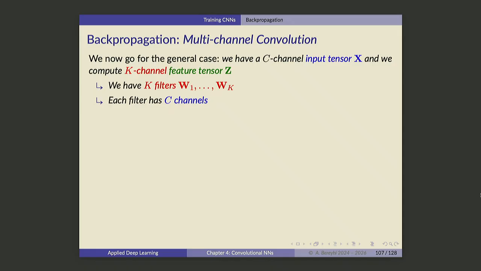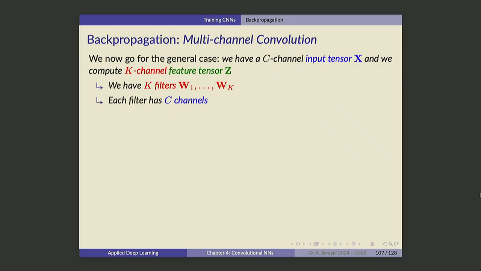So I have this input, which is C channels, right?